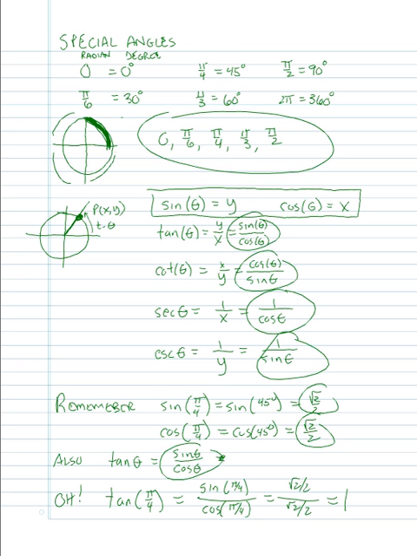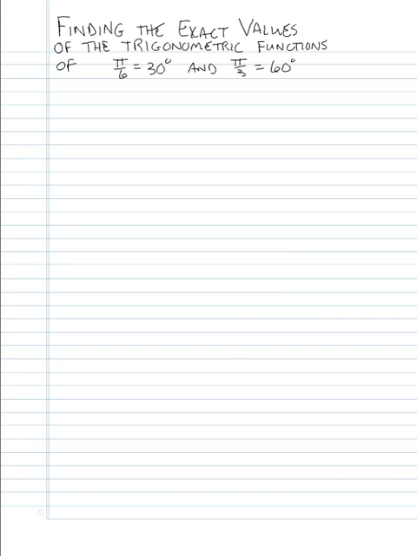Let's go to the special angle pi over 6, and actually pi over 6 and pi over 3 are pretty closely related, so we'll do that on the next page. So we're going to simultaneously consider the two angles pi over 6 and pi over 3. Now we're going to look at the unit circle so that we get our bearings.